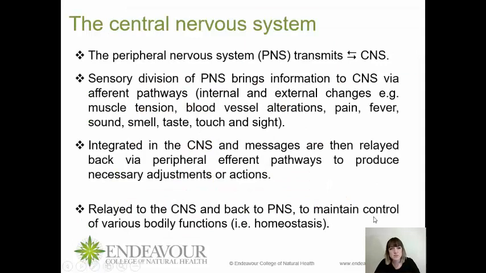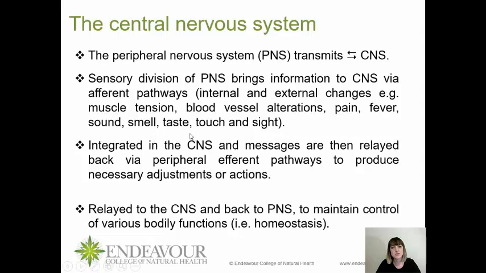So our central nervous system is, of course, the area that the peripheral nervous system brings information to via its sensory division. Afferent pathways bring in information about all sorts of internal and external conditions: muscle tension, blood vessel alterations, pain, fever, your complex special senses like sound, smell, taste, touch, sight.